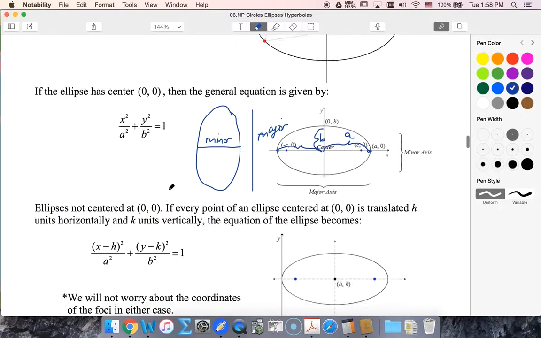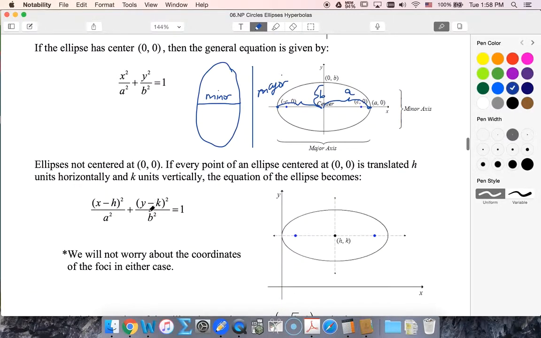If we move the center, then we add in an h, k to shift the center. So now my distance a is still here, so this point on the axis is going to be h plus a, and the y value will stay the same as k. This point over here, well, in this case it looks like it's at 0.